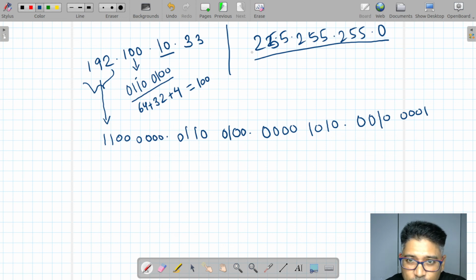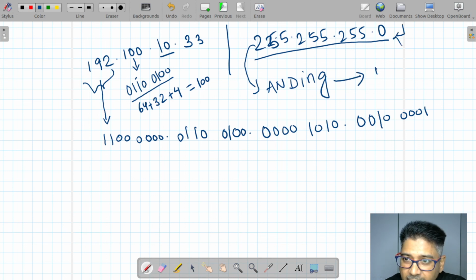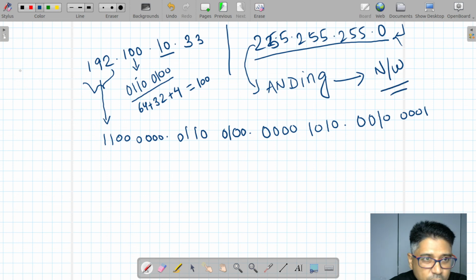What we have to do? We have to do ANDing with this subnet mask. The ANDing will be the result of my network. So let's see. I'm going to take a different color here, black, for the subnet mask.